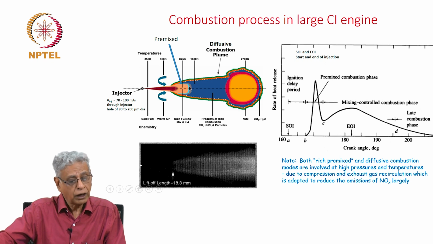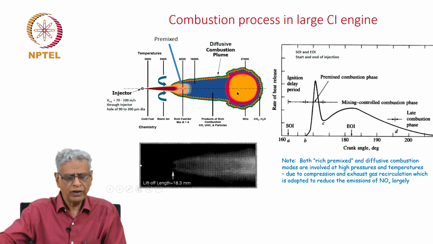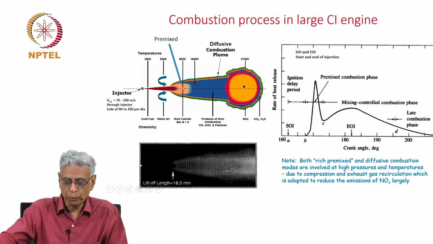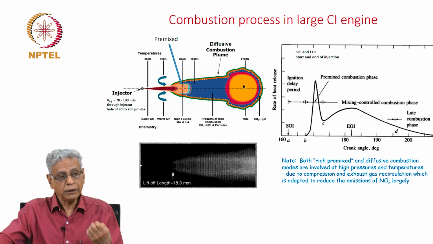Those products come out, mix with air again, and there is a diffusive combustion process. You will see that combustion process defined here, and you will find a fair amount of soot has to burn in this domain. So, soot is in fact a critical element in the process of completion of the combustion process.